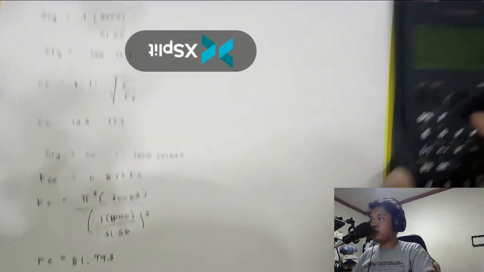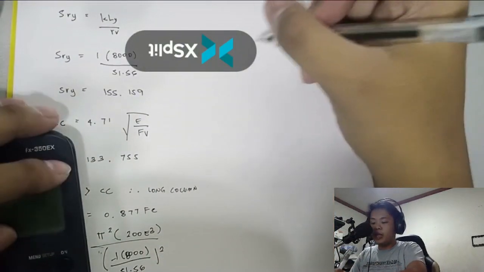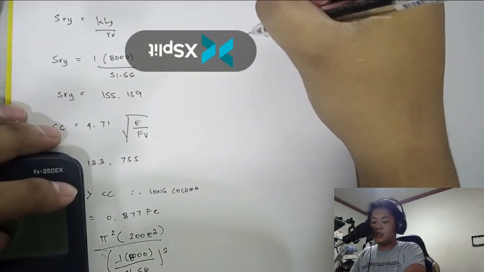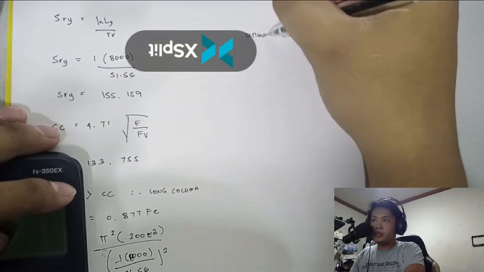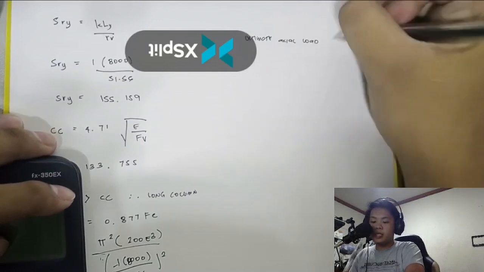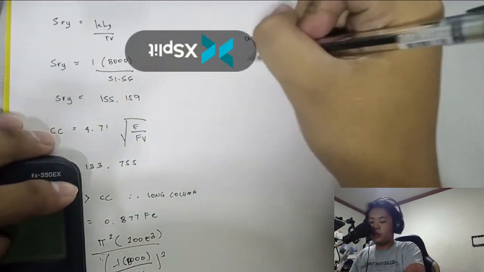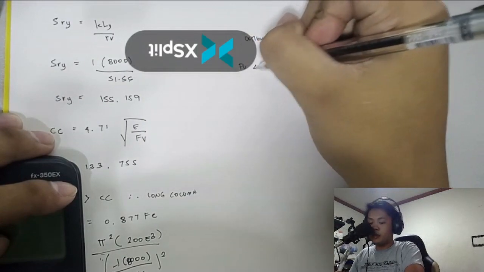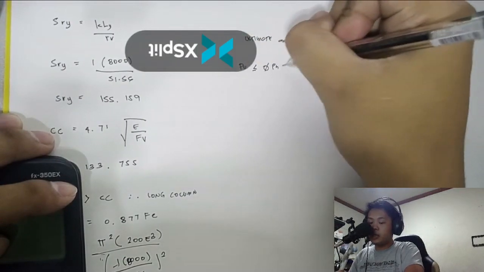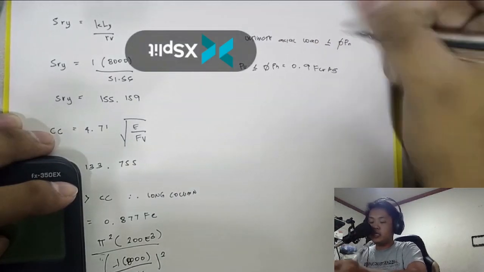So next, since meron na tayong FCR, solve na natin yung ultimate axial load. So yung ultimate axial load natin is less than or equal to the design load. Same lang siya na 0.9 FCR area gross.